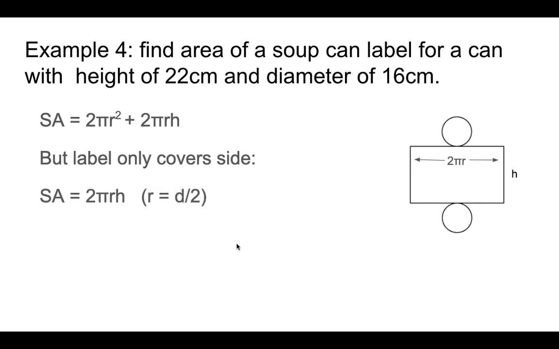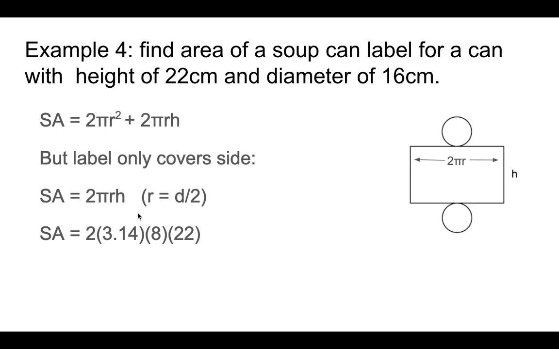So that means we can get rid of this first part and the surface area becomes 2 pi r times h. Now, we're told what the diameter of the circle was. So remember, the radius is the diameter divided by 2. So we're going to put in our numbers then. So 2 times pi, which is 3.14.